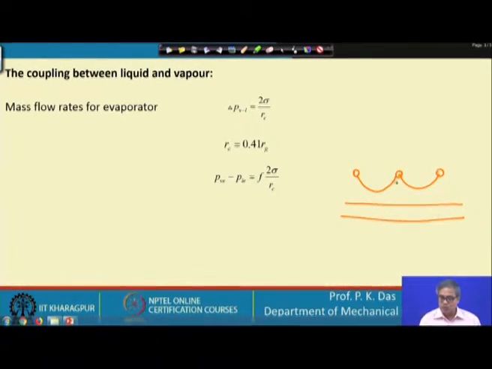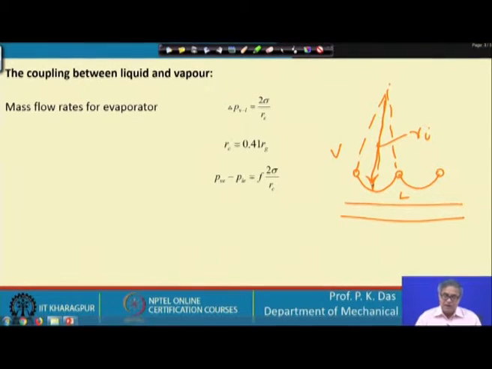This is the evaporator wall, this is the porous structure, and this is the curved interface. This is your liquid and this is your vapor. Here we get a curved interface, so some sort of radius of curvature one can get, which is R_i. Let us say this is your radius of curvature R_i.